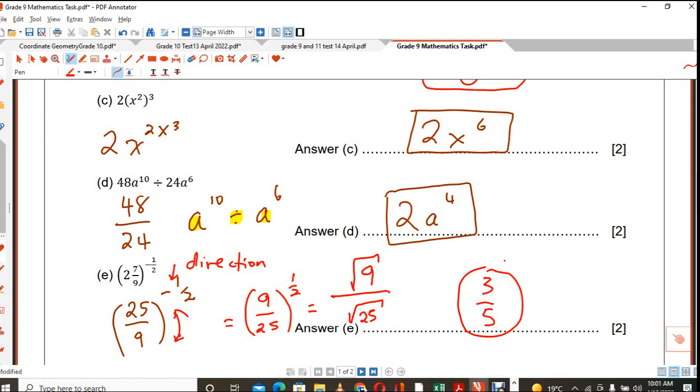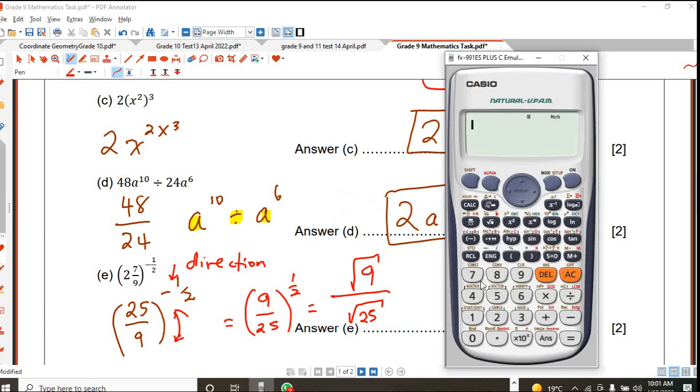If you are using your calculator, check. I think I have my calculator somewhere here. You have to press that. You can't be pressing this and then you go back and put in the 2. It's wrong. You follow what I'm saying? So you have to shift, bring in the improper fraction. But you have got a bracket.